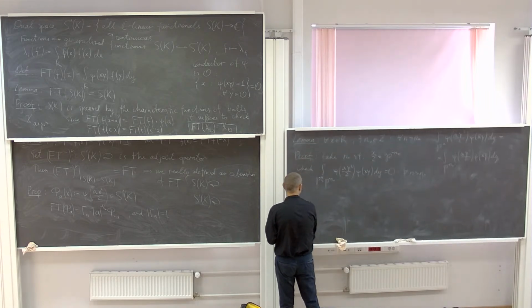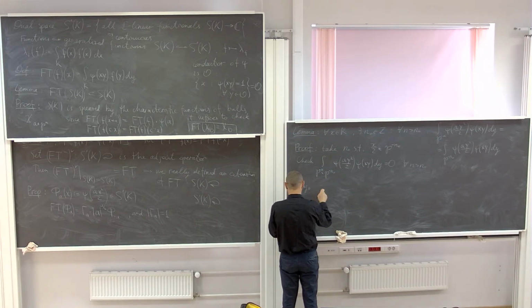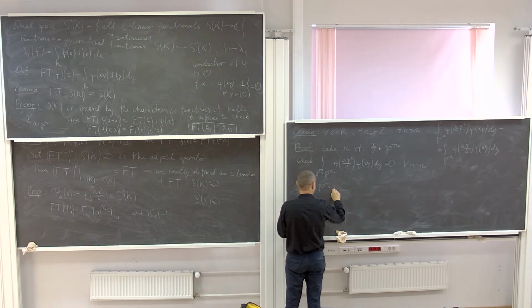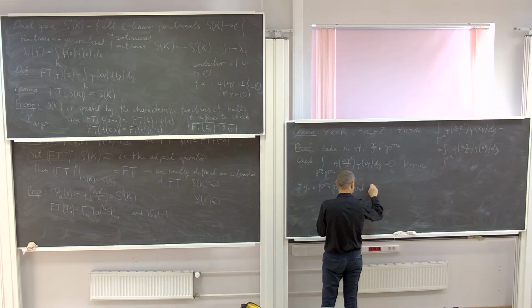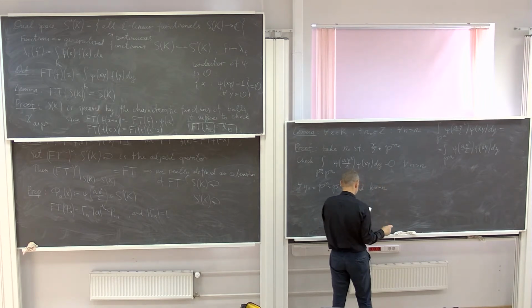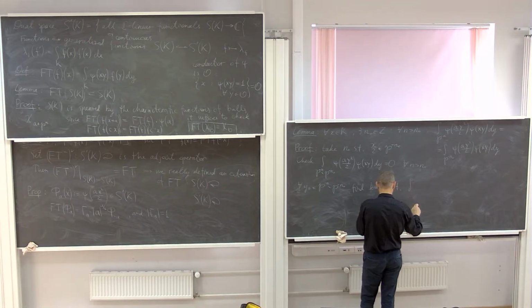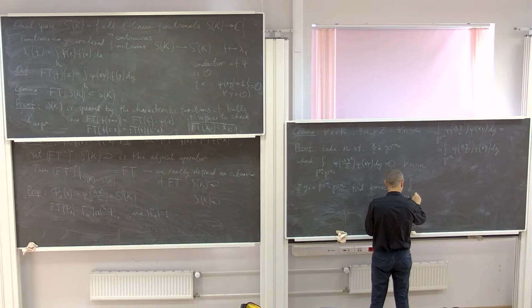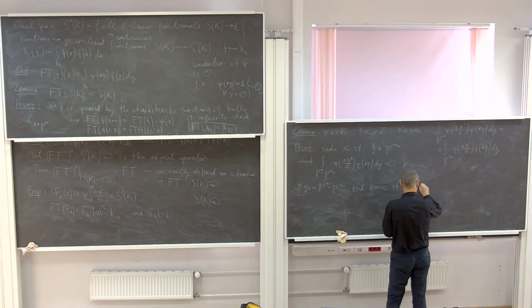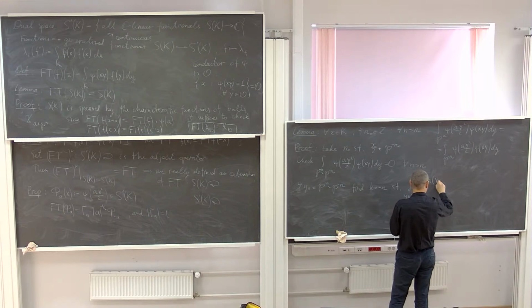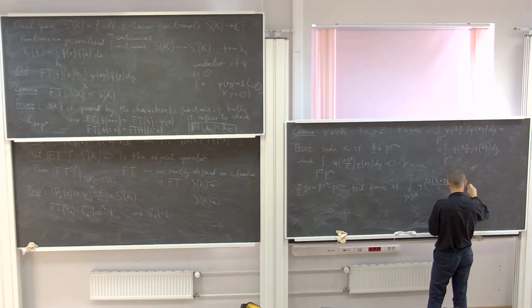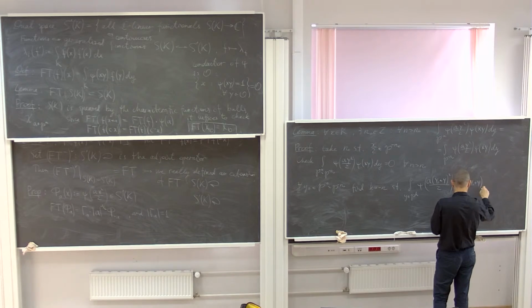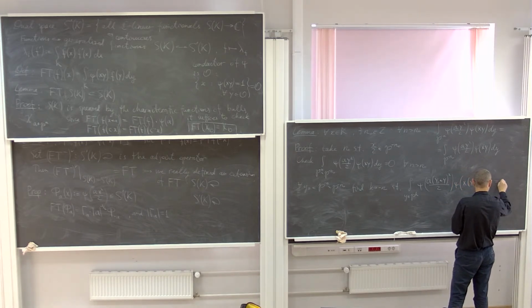So indeed, for any y0 in the complement, we can find some number k big enough such that the integral over y in p to the k of psi of a (y0 plus y) squared over 2 times psi of x (y0 plus y) dy is 0.